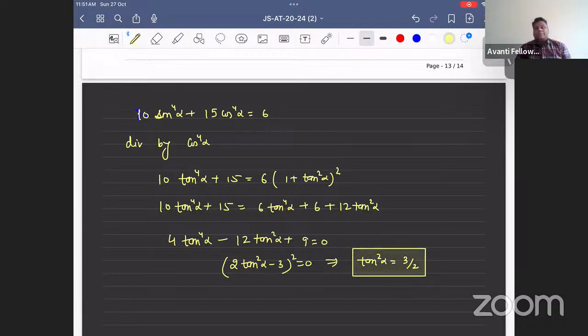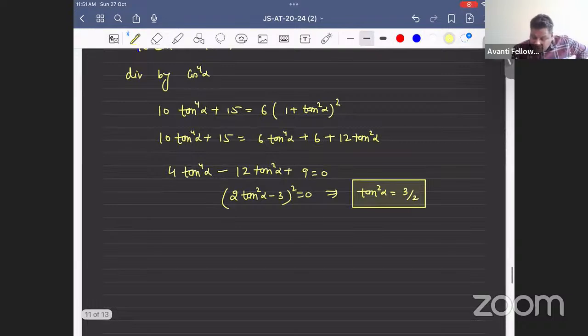So we got this. Am I clear? Now tan²α is 3/2, so I can say sec²α is 5/2, which is 1 + tan²α. So cos²α is 2/5, and sin²α will be 3/5.